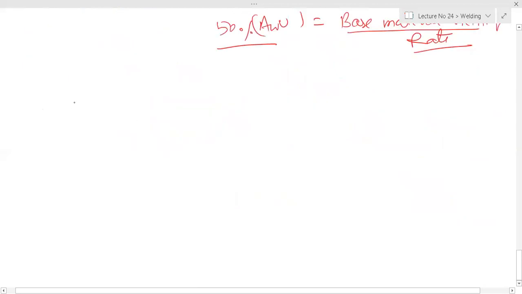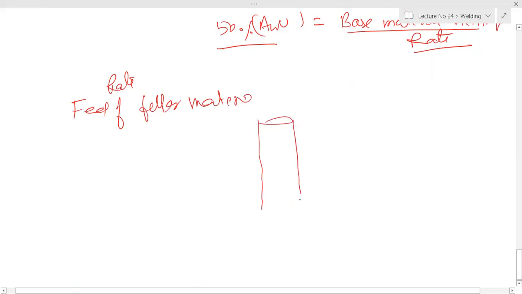Now we have to calculate the feed rate of filler material. As I said already, this is your filler material. It is to be fed to the welding, and its cross section area is pi by 4 d square, where d is the diameter, 3 millimeter.